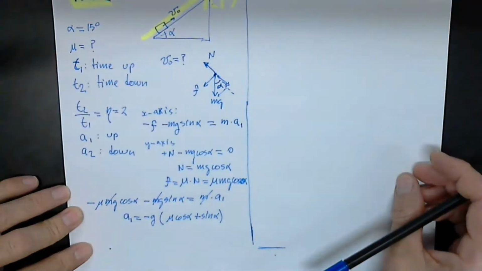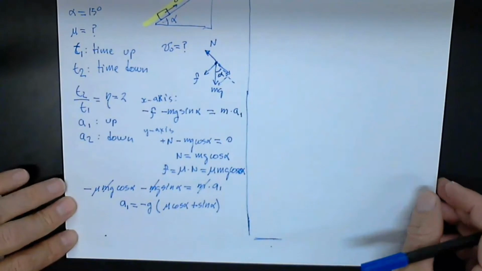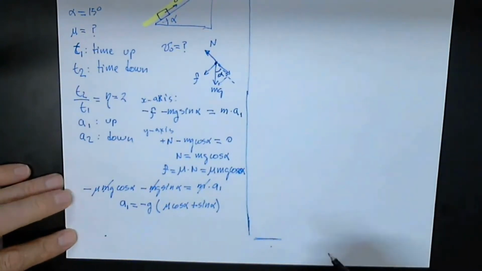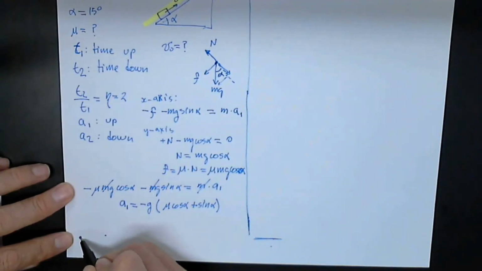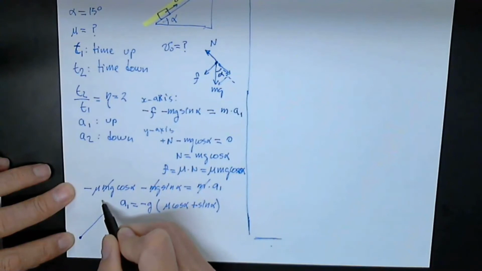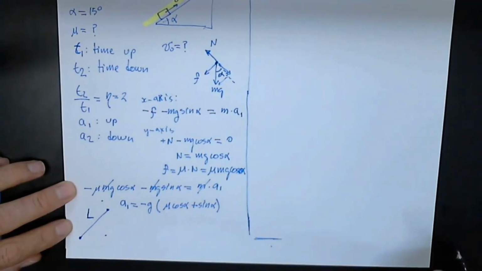And now we can get the kinematics equations since we already have the acceleration. So we have the kinematics equation for the position. Let's say it goes from 0 and covers a distance L, that is not given.